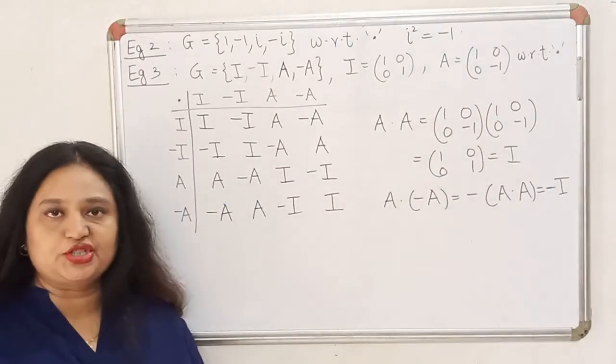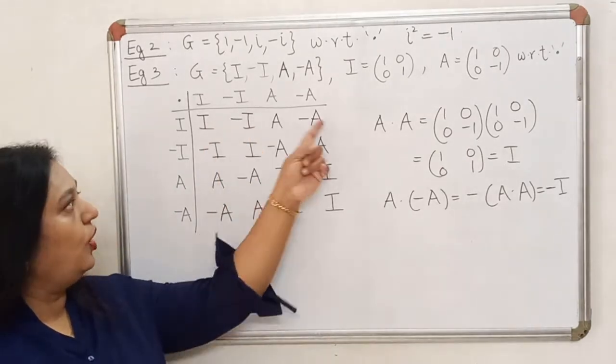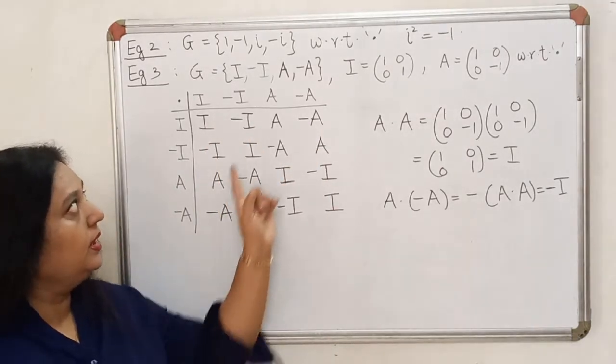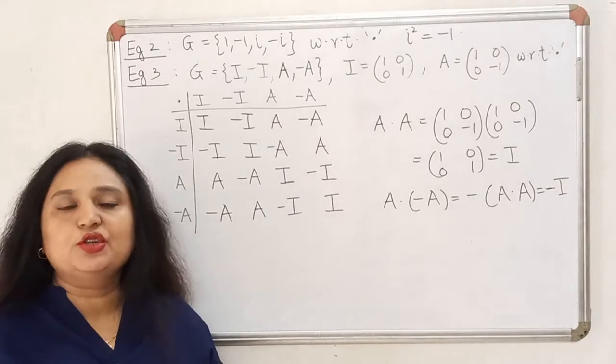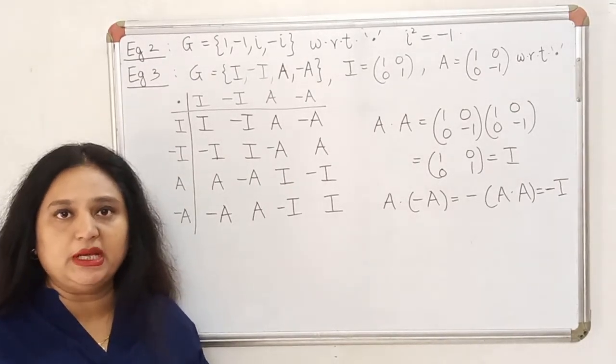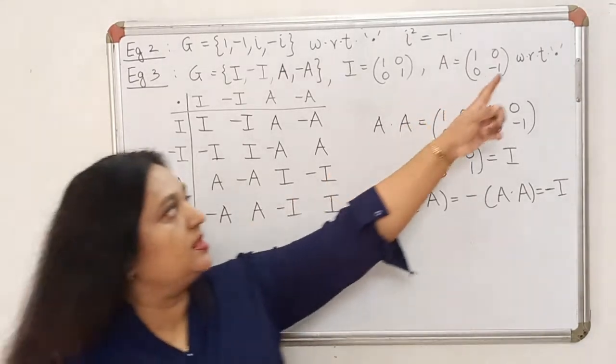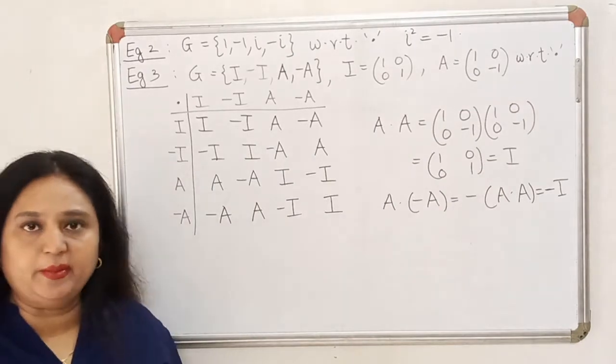Now look at the composition table. No blanks, no double entries, and all entries in the body of the table are from the given set. So it is a binary operation, or we can say that closure property is satisfied. Also, once again, this is a standard operation, matrix multiplication.